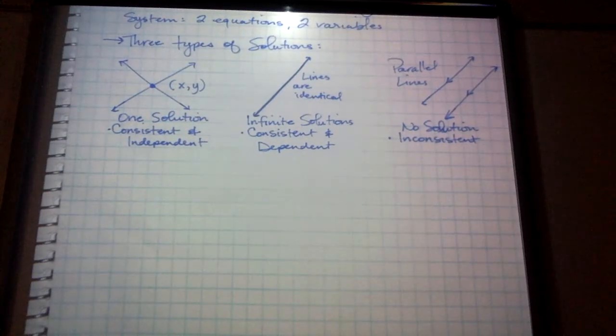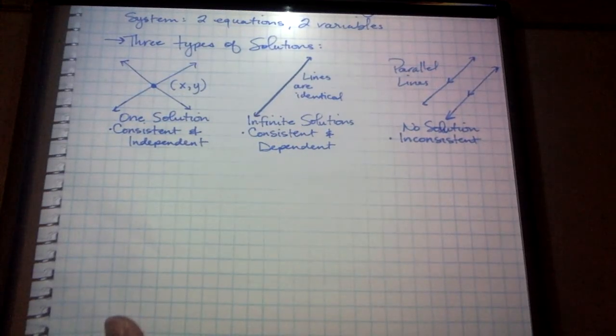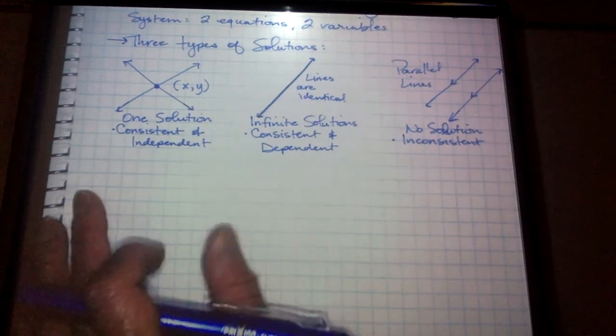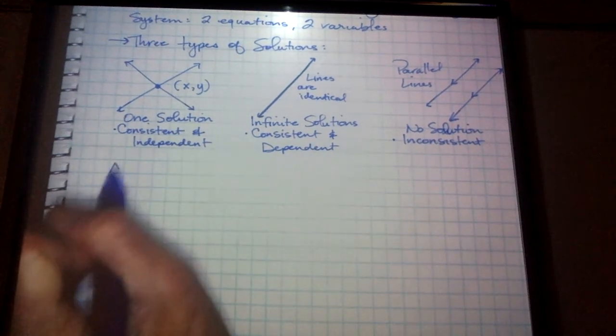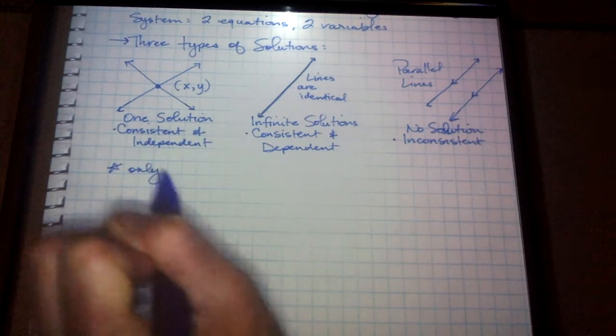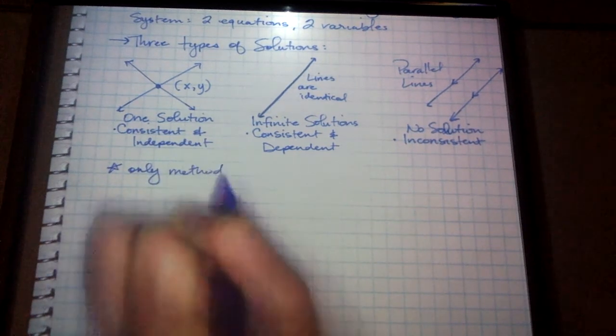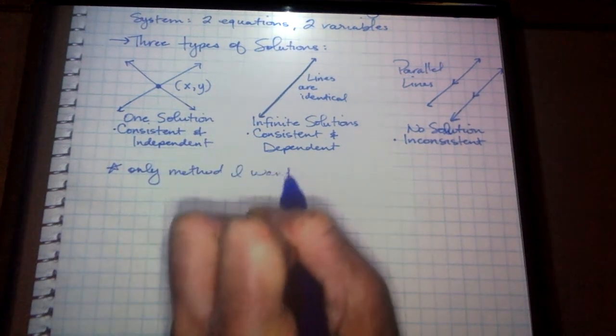So here we are. We're going to go ahead and solve a few, and we'll do them together. The book goes over a couple different methods. The only method I want you to use is graphing.